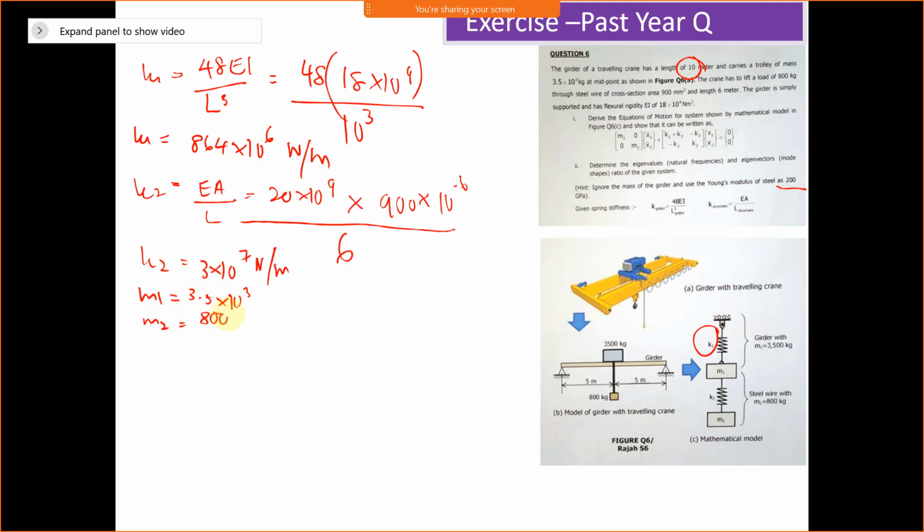So based on equation yang kita dah develop tadi, omega to the power of 4 minus K1 plus K2, 864 times 10 to the power of 6, plus K2.